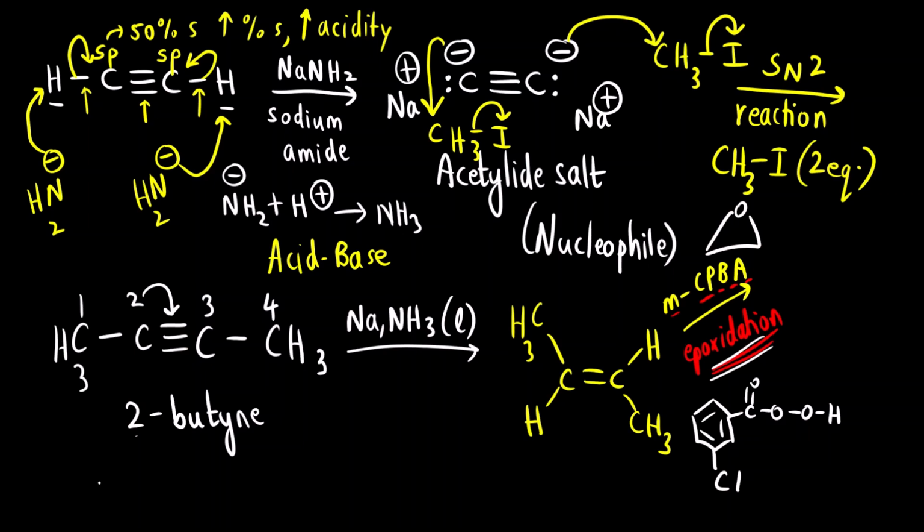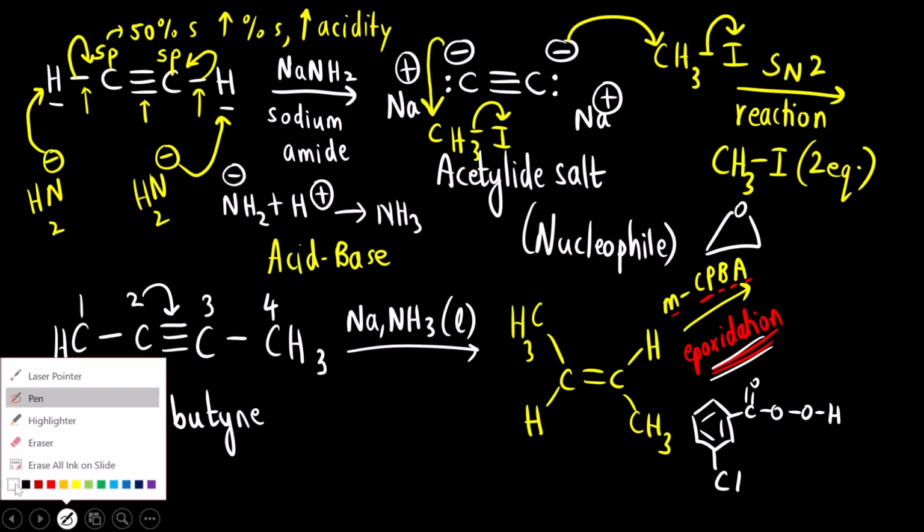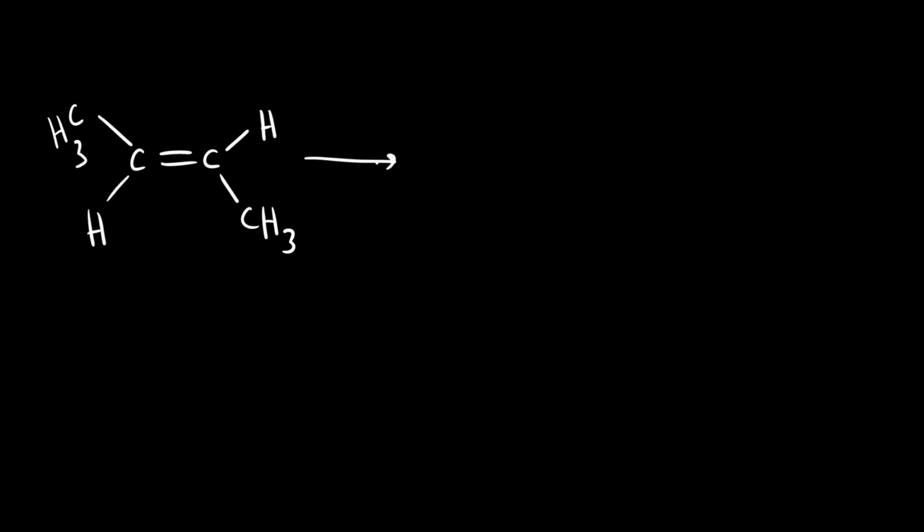Okay, so what is going to be the next step? Next step is going to be epoxidation. So let me erase this. Okay, so CH3, C double bond C, CH3, H, H. So what are we doing? We are doing epoxidation.